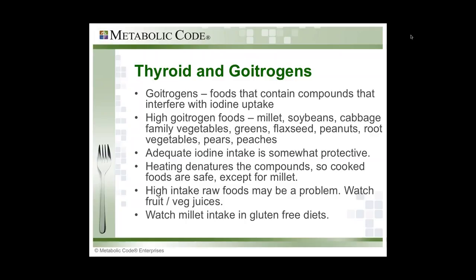Millet is the highest goitrogen food that there is, and when you cook millet, the goitrogens do not reduce, they actually increase. So this is a little bit of an issue for us when we're taking wheat out of the diet. Millet is one of those grains that is used as a replacement in a lot of the gluten-free foods out there. So we want to watch that we don't over intake the millet.